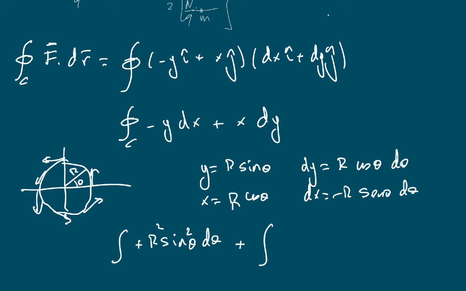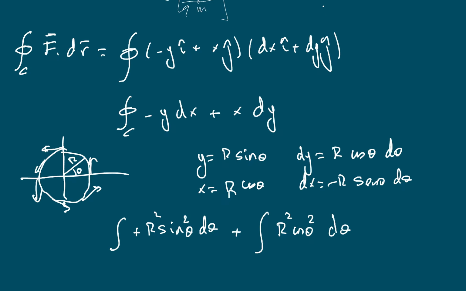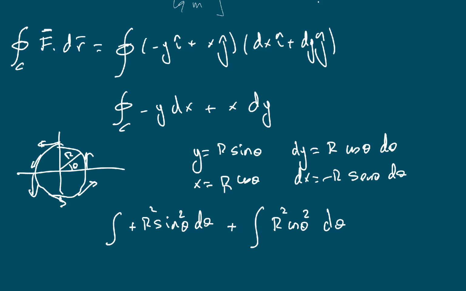The x will be r cosine of theta, and the dy will be r cosine of theta d theta, so cosine squared of theta d theta. And this will be on a closed curve that I go around one time, so it will be between theta equals 0 and theta equals 2 pi.